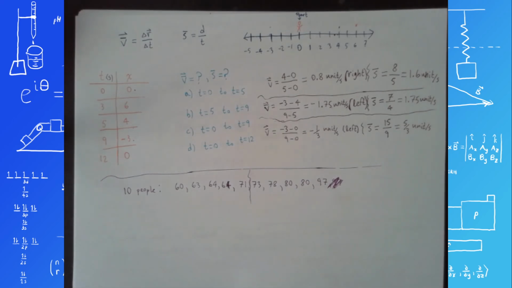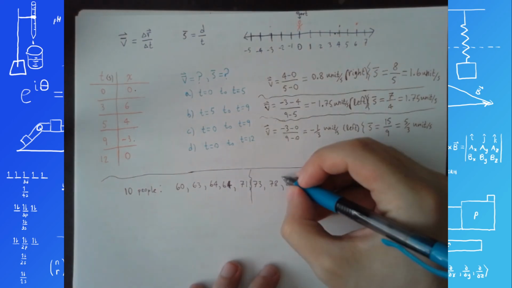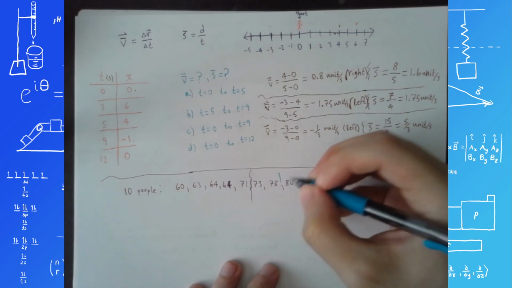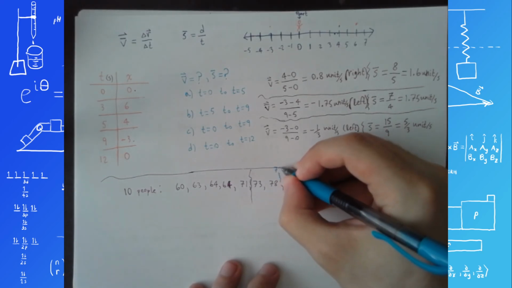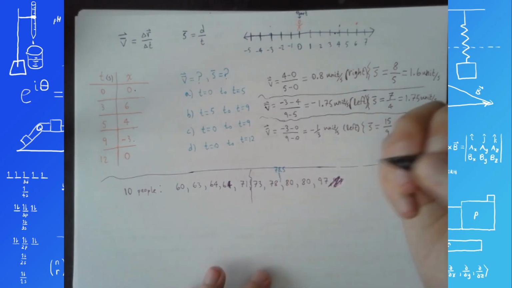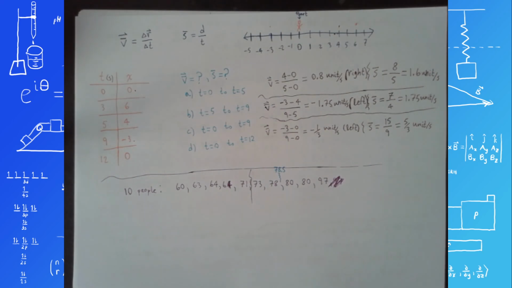So if I took the halfway point between 60 and 97, so 60 plus 97 divided by 2, that would be 78.5, so over here actually. 78.5 is not the actual average, and yet it's the point where half the people scored above and half scored below.